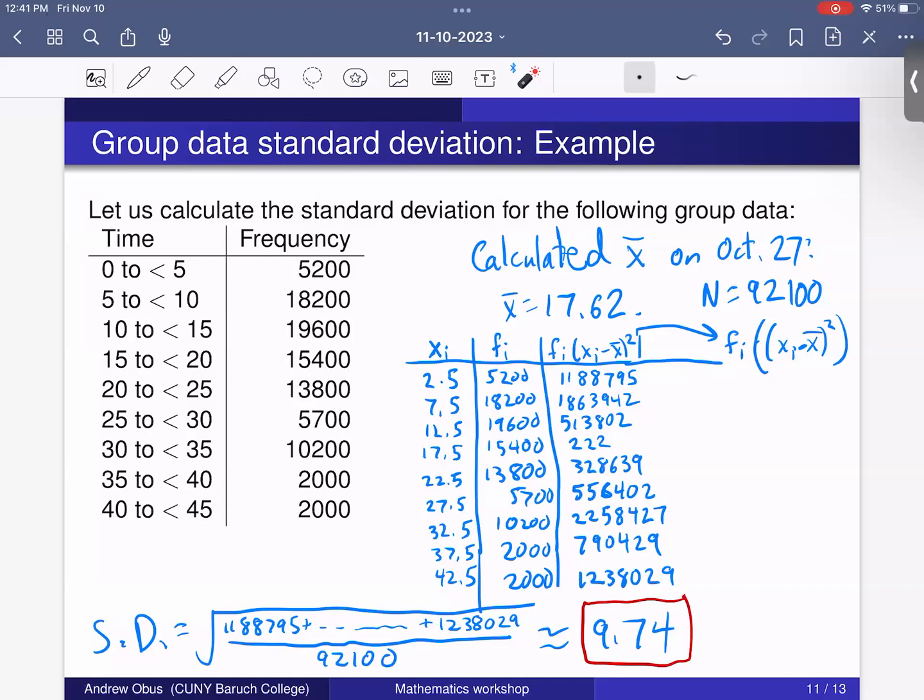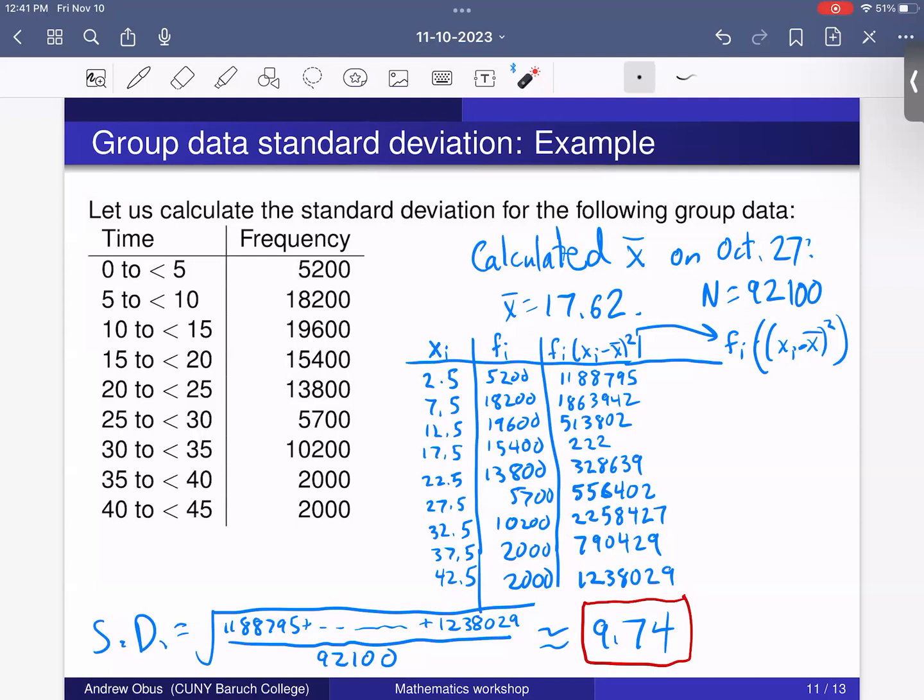So standard deviation is telling you how far an average measurement is away from the mean.